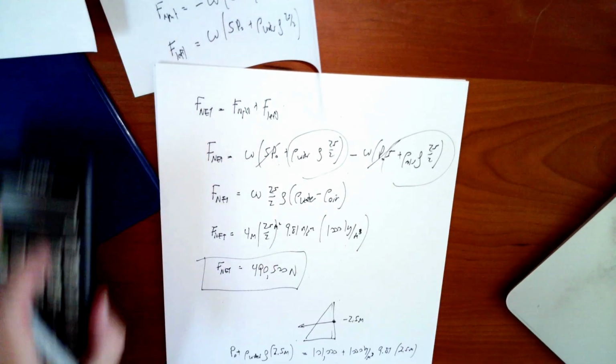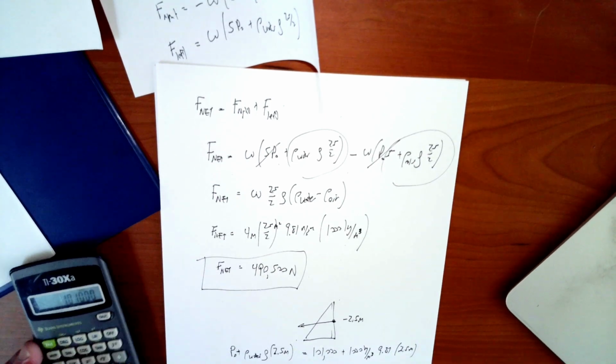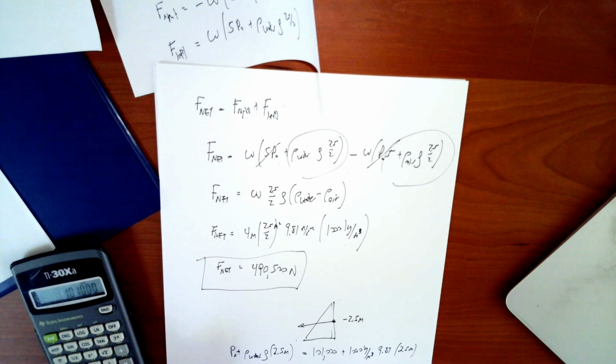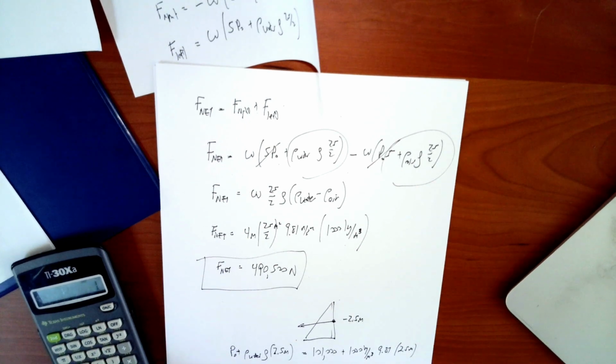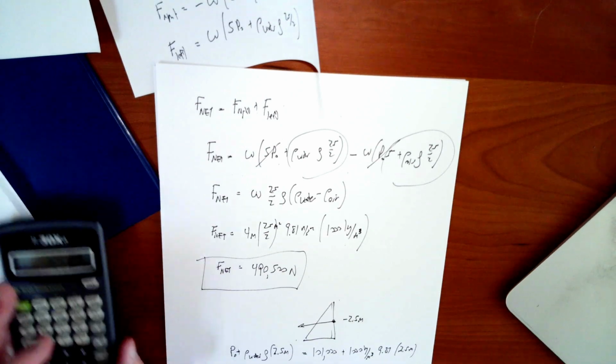So what does that give me? 101,000 plus 1,000 times 9.81 times 2.5 is 125,525.